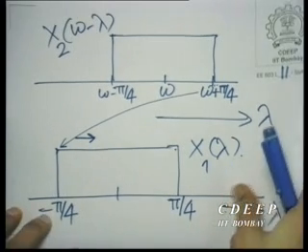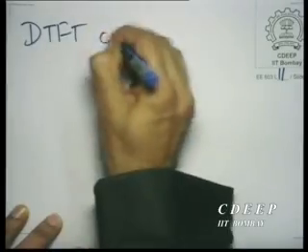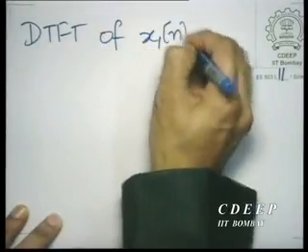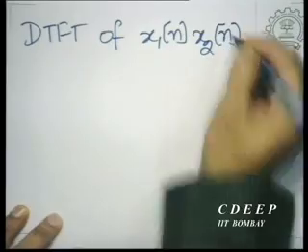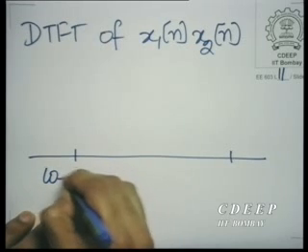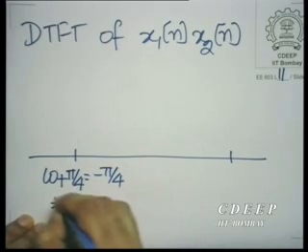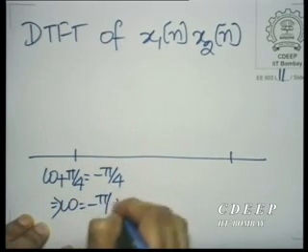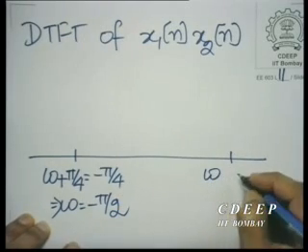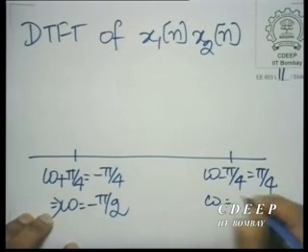So we have the following shape for the convolution. The DTFT of x1[n] times x2[n] would look like this. It would start when omega plus pi by 4 is equal to minus pi by 4, or omega is equal to minus pi by 2. And it would end when omega minus pi by 4 is equal to plus pi by 4, or omega is equal to plus pi by 2.